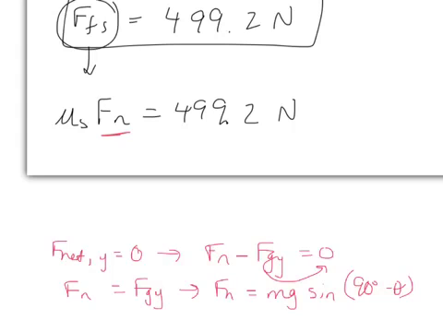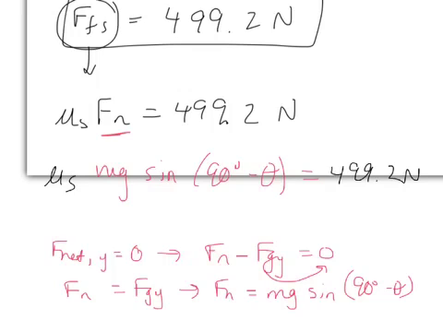So we could replace that up here. We could say this is really just mu s times whatever Fn was from down here, mg sine of 90 minus theta, and that equals this quantity of 499.2 newtons. To get mu s by itself, divide by the quantity mg sine 90 minus theta.